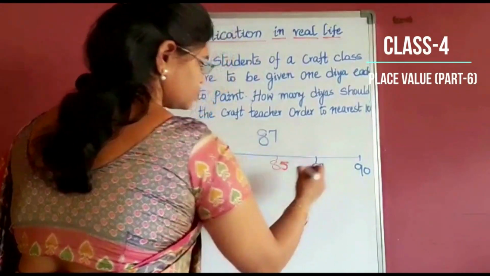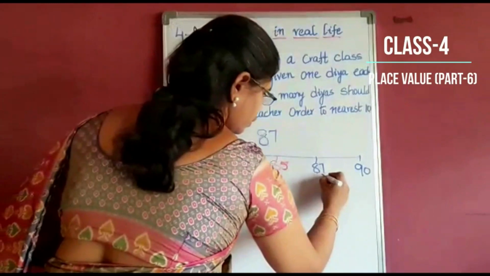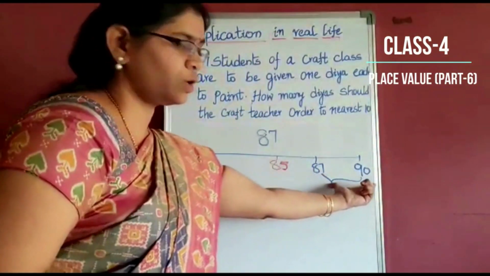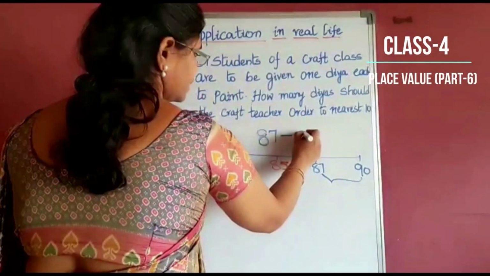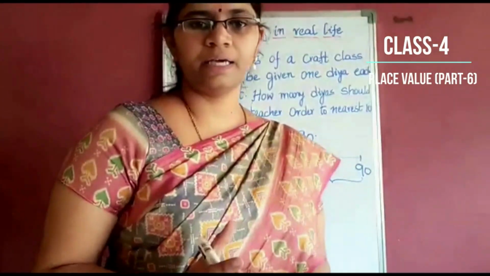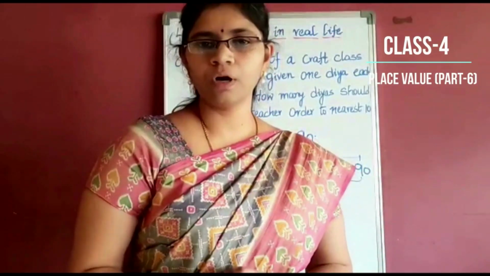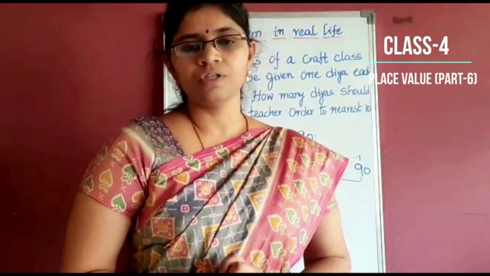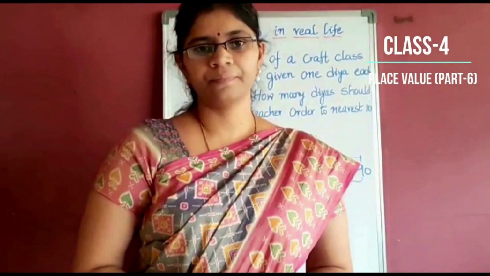This side, that means to the right side of 85 you have 87. Where is it rounded off to, 90 or 80? This is the shorter distance. So 87 is rounded off to 90. So the teacher should order 90 diyas so that she can arrange for 87 students. One or two may break, so it is good that she has extra in hand, isn't it? So for 87 students, 90 diyas she has to order.